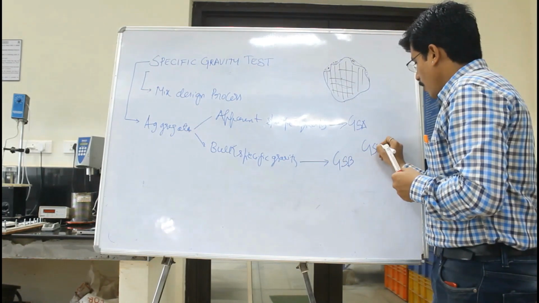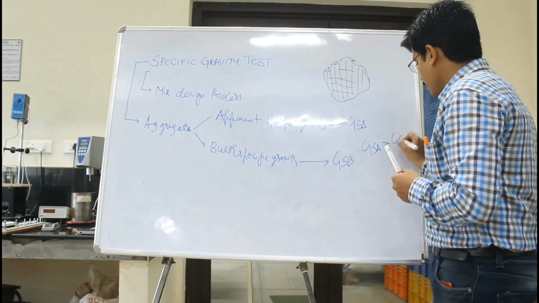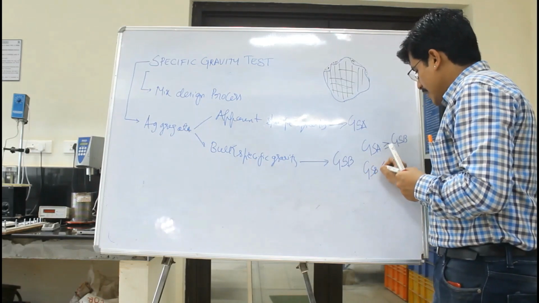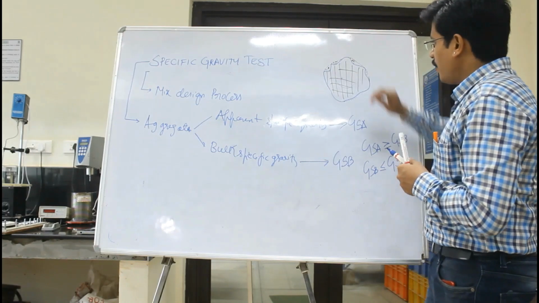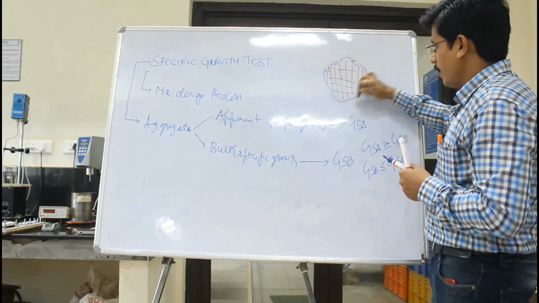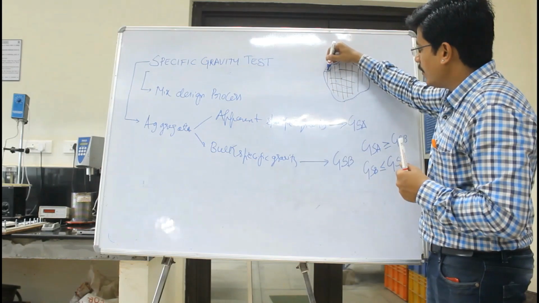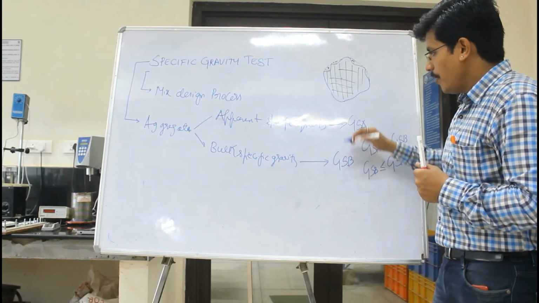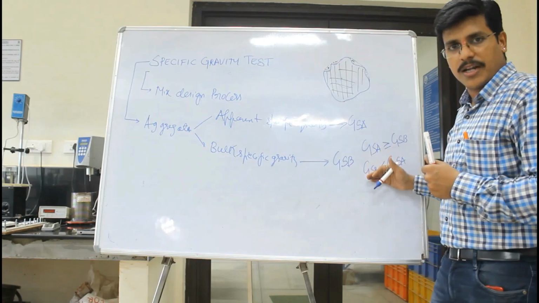GSA is always more than or equal to GSB, or in other words, GSB is always less than or equal to GSA. If the aggregate is perfectly smooth with no irregularities, there won't be any difference in volume, and the values will be almost similar.